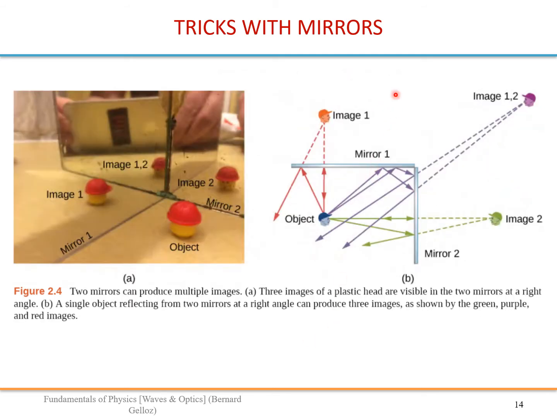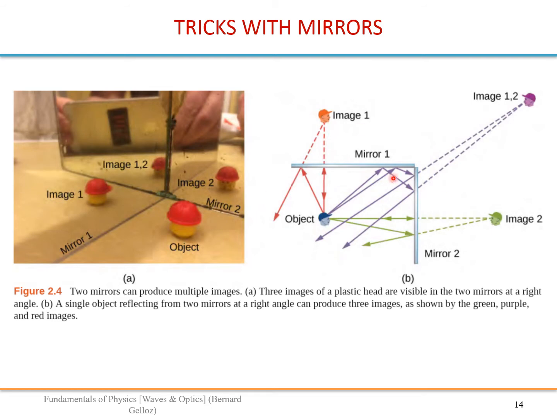Here, let's see what happens when you have two perpendicular mirrors, as shown here, and you have an object close to the mirrors, like this object. It has a first image, image 1 by mirror 1, it has image 2 by mirror 2, and in fact there is another image, image 1,2, over there. But there is a problem in that image.